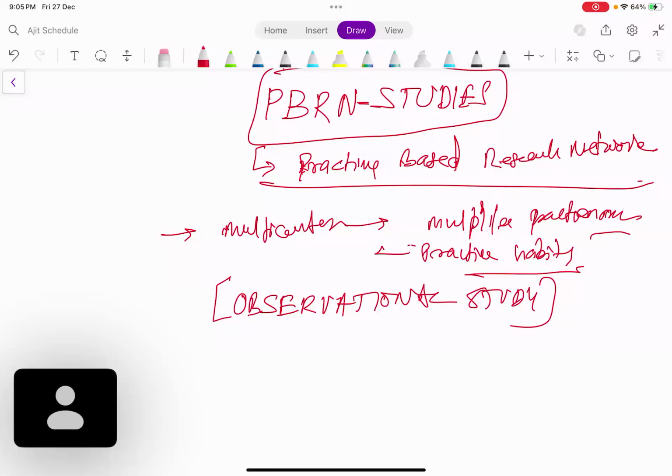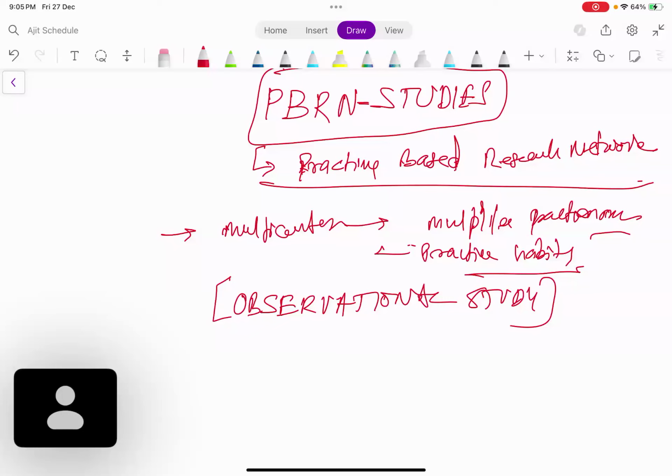I don't know if those exist or not, I'm just giving an example. We want to check if all the mohalla clinics are using heart failure management treatments similarly, whether all the doctors are practicing guideline directed medical therapy or not.